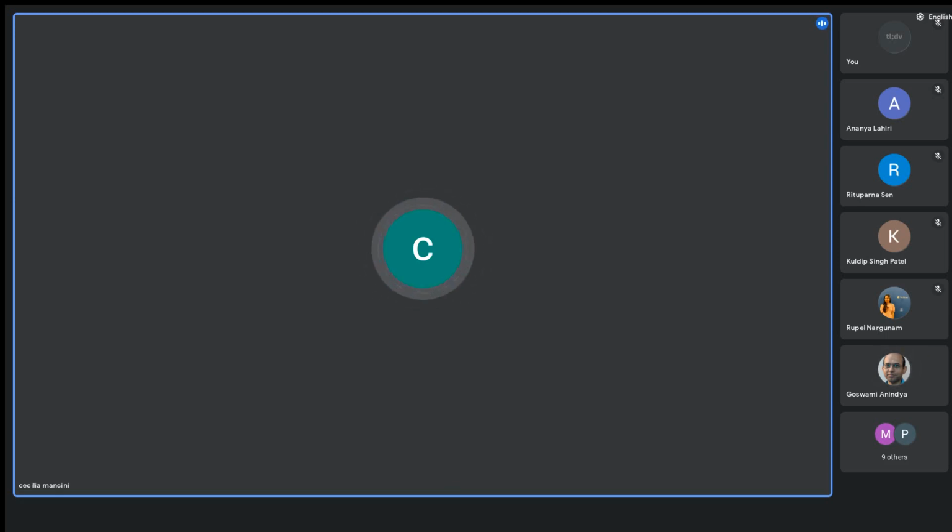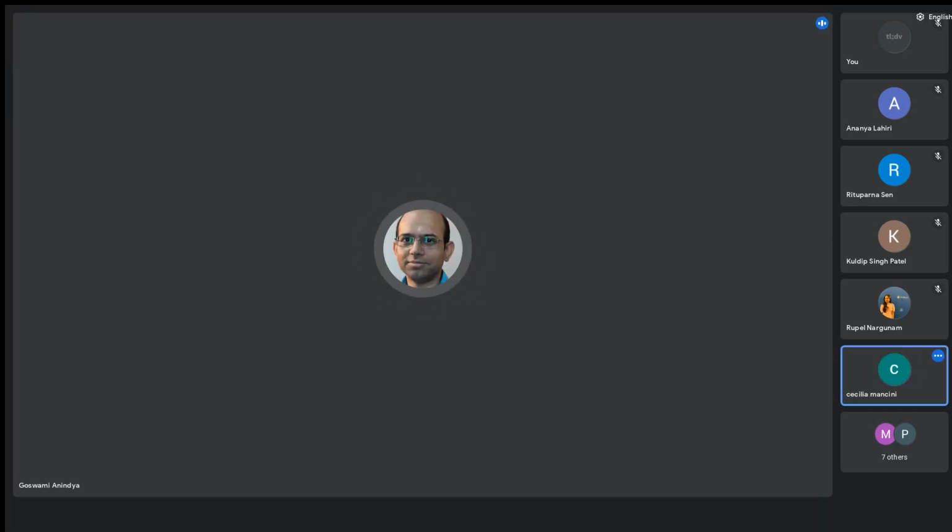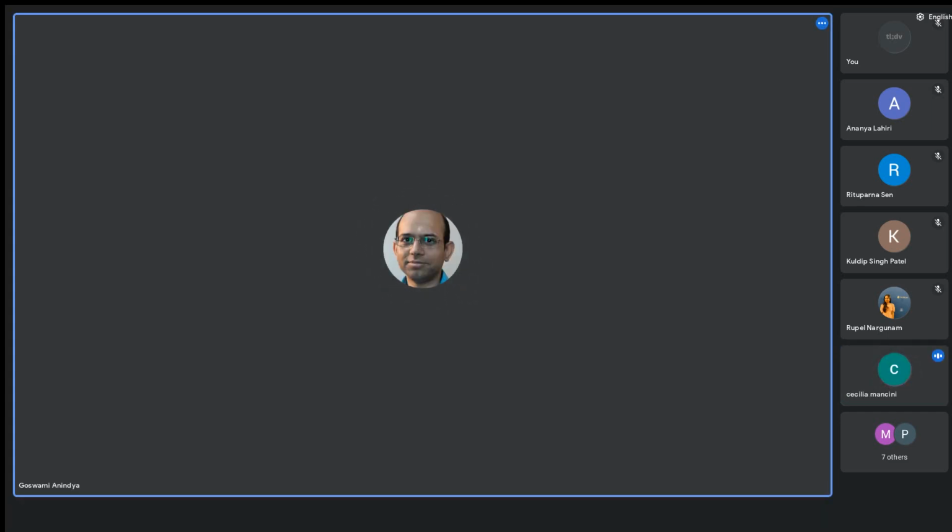So perhaps you have to enable me. Let me check. In the bottom, where you have the microphone and hand raising, do you find an upside arrow? Yes, upside arrow. Okay, so entire screen, tab, window.